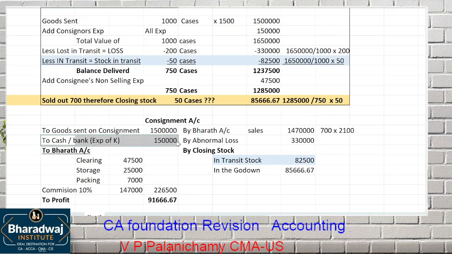To cash or bank, all expenses of the consignor. Consignor's all expenses and commission we charge. Sales are there. Abnormal loss in transit. Then closing stock in transit and in the godown, we record it and close.